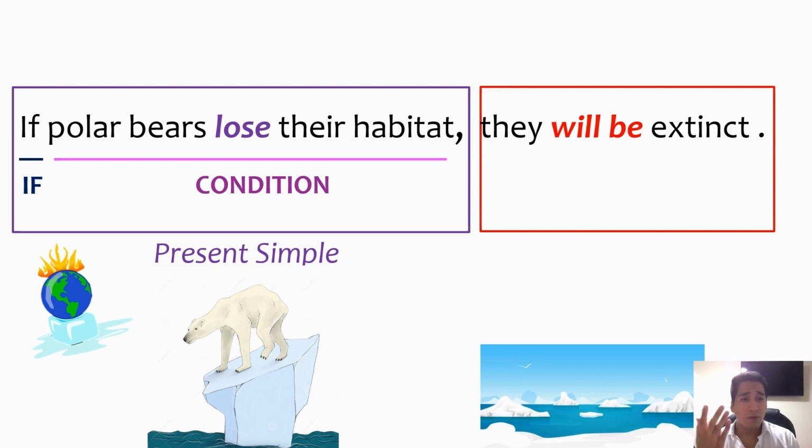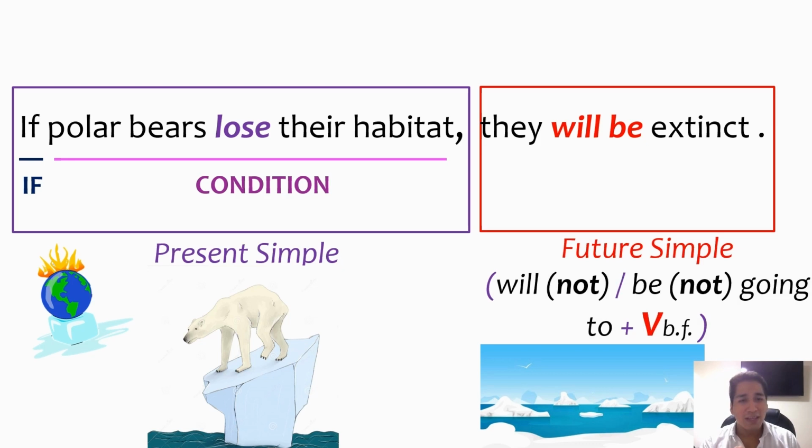Are we using the future simple? Are we using the past perfect? Well done. Correct. We are using the future simple. Will or be going to. Or it can be its negative form too: will not or be not going to plus the verb in the base form for sure.